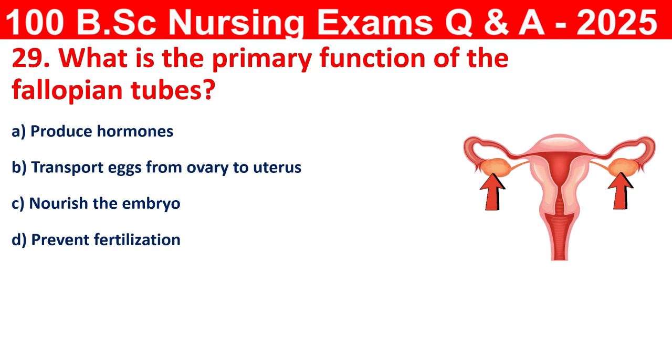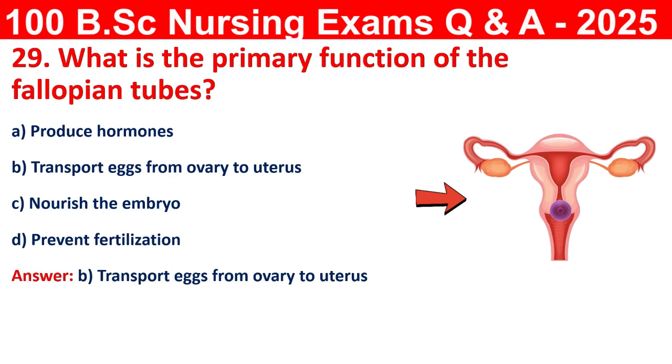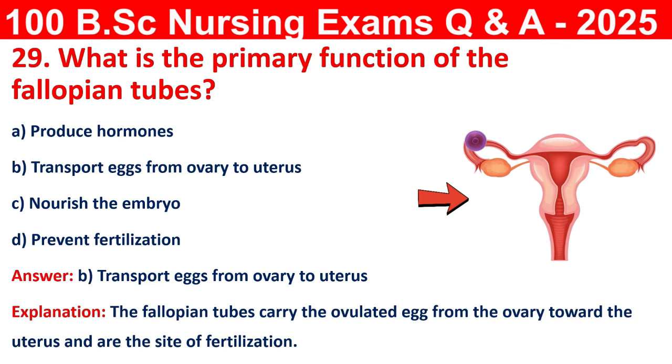The correct answer is B, that is to transport eggs from ovary to uterus. The fallopian tubes carry the ovulated egg from the ovary toward the uterus and are the site of fertilization.